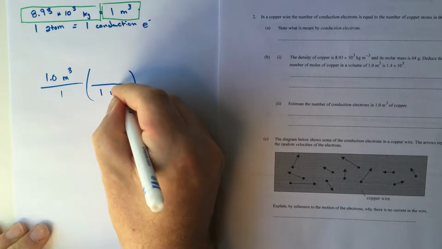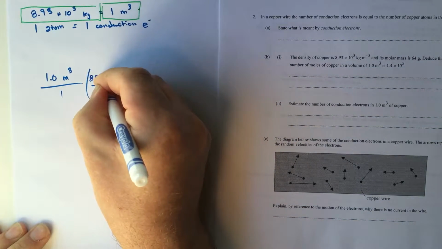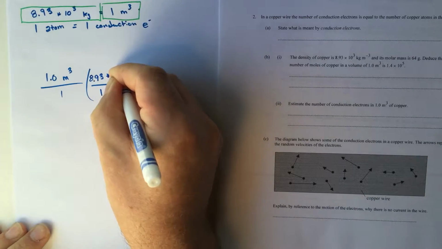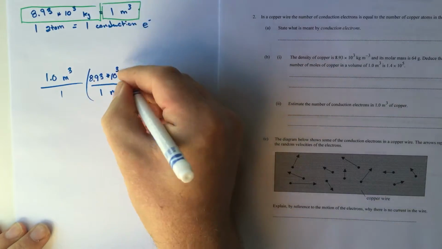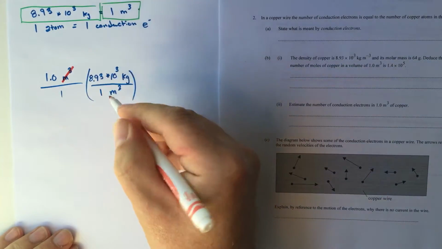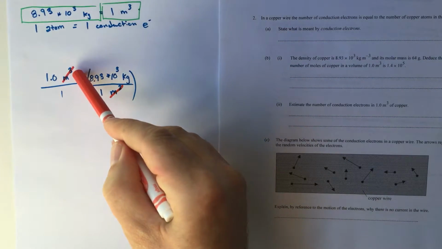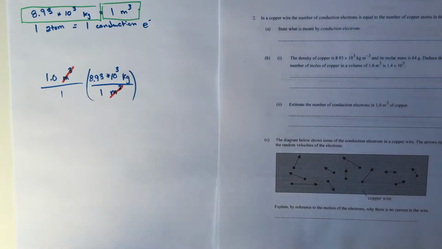I'm going to put that side on the bottom. And then on the top, I'm going to have 8.93 times 10 to the third kilograms. So right now, if I'm looking at my progress here, I could cancel out these units on the top with these units on the bottom. If I have meters cubed on the top and meters cubed on the bottom, they'll cancel out.